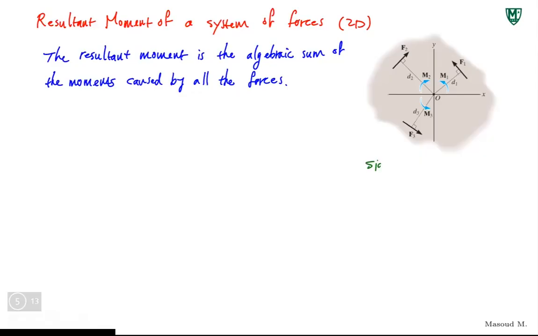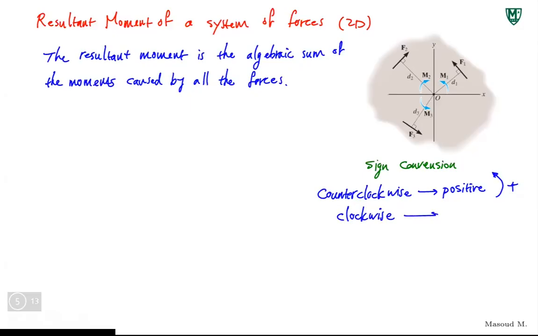So sign convention. I'll take counterclockwise to just follow the book. Counterclockwise as positive, meaning that this is counterclockwise, positive. And I'll take clockwise, right, as negative.